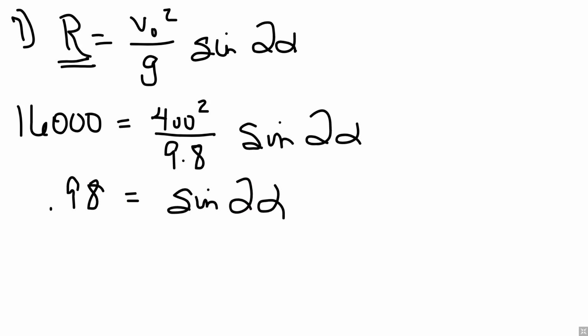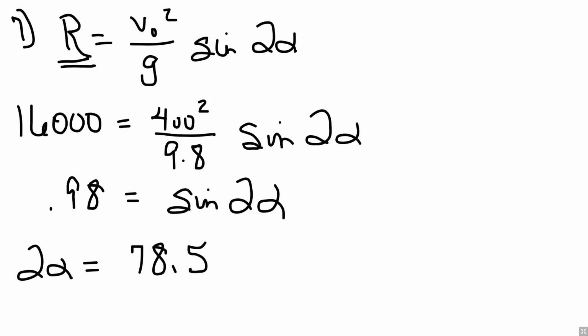So if we take the sine inverse of both sides, we're going to get 2 alpha. So one of the angles we're going to get is going to be 78.5.